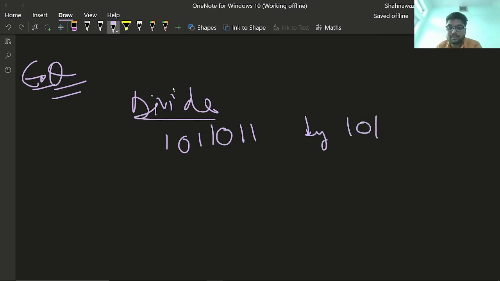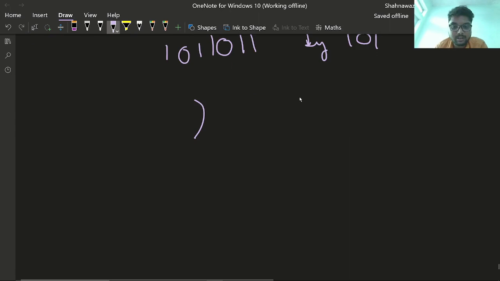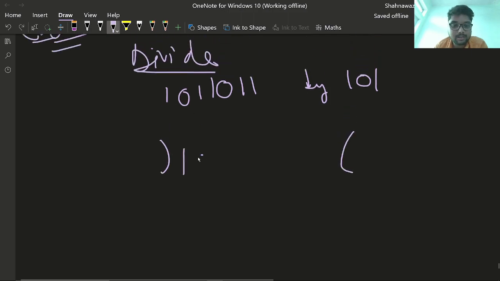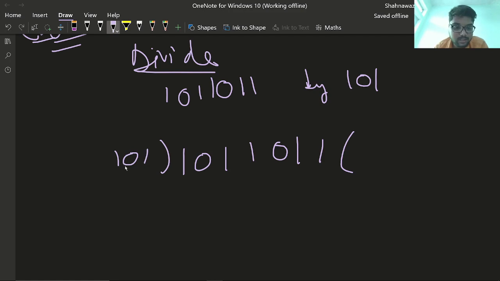Just like the ordinary division method, write 101101 here and write 101 as the divisor. Put these three bits below these first three bits of the dividend. What you will get is this.